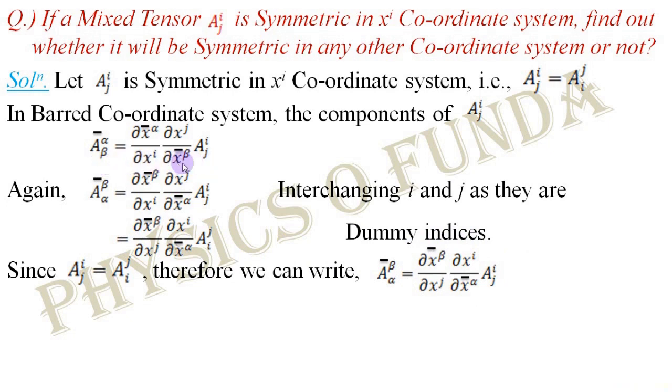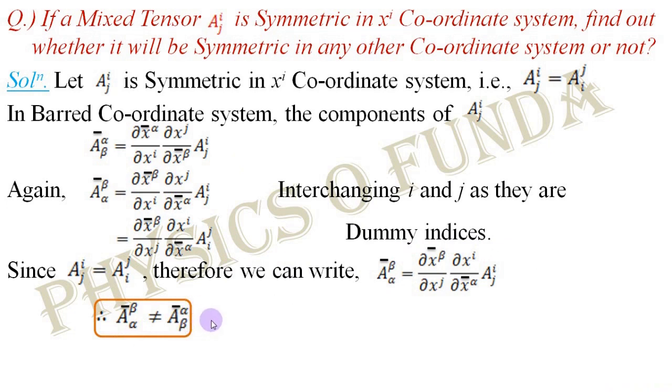This transformation equation and this equation, after all these mathematical operations which we got in this line, are non-identical. That's why the right hand side of this equation is not equal to A bar alpha beta. That means A bar beta alpha is not equal to A bar alpha beta.